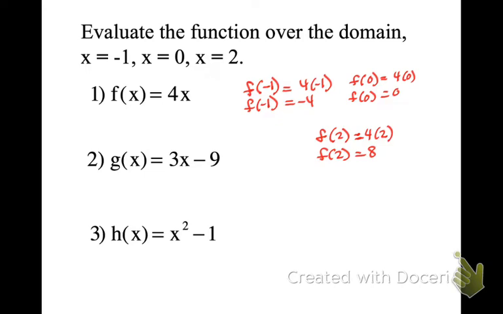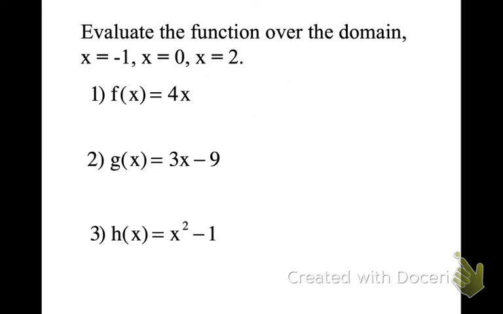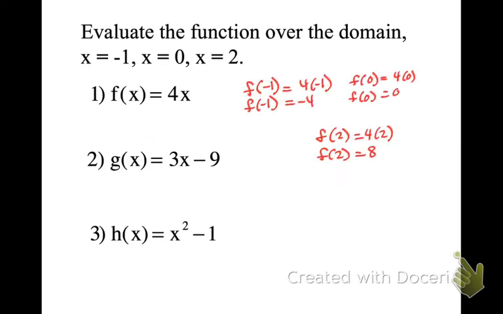Now, you'll notice that when I do this on my PowerPoint, I do not want you to do this, because you can put the answers in a solution set: negative 4, 0, and 8.